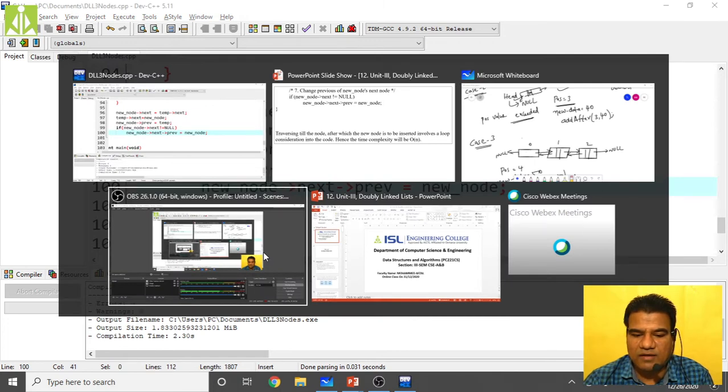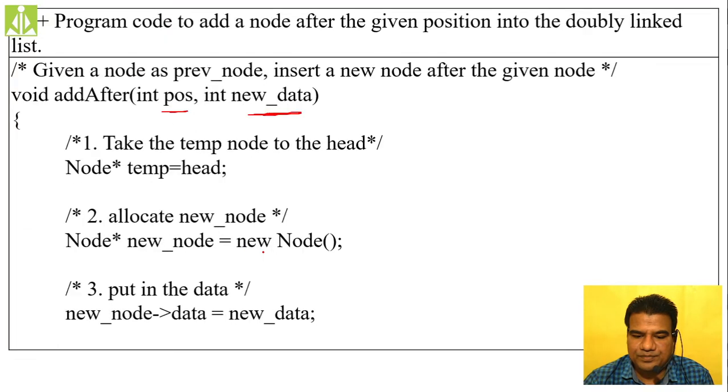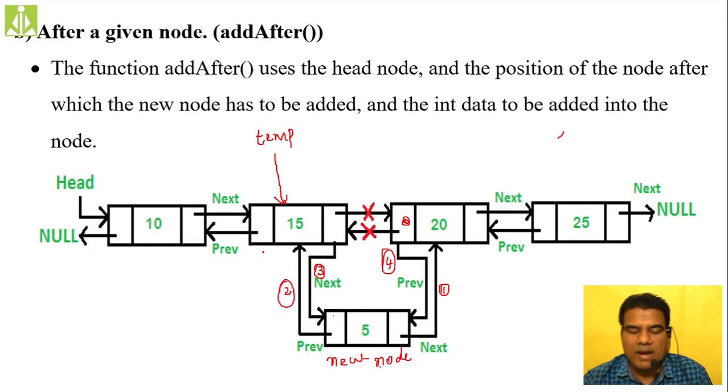See, again I will give the clarity why both are the same. See here, my temporary pointer is here. The temporary pointer's next, this particular part, will have the address of this, isn't it? But when we are making this fourth link, ultimately this part is filled with the address of new node.